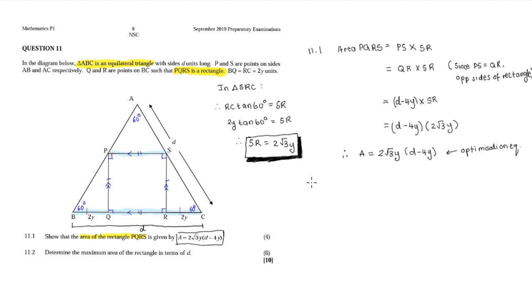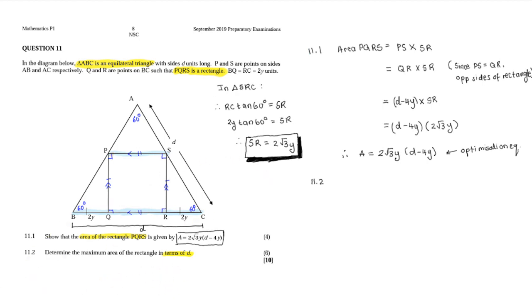For question 11.2, we are going to have to write this area equation in terms of only D. They want the area equation in terms of the variable D.